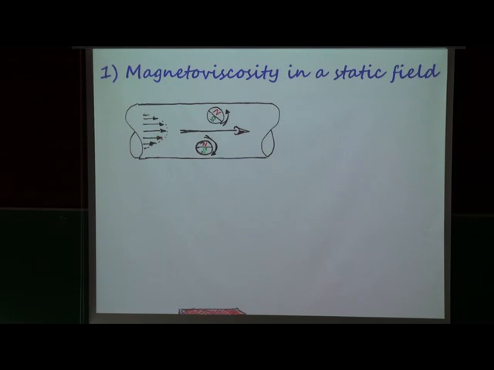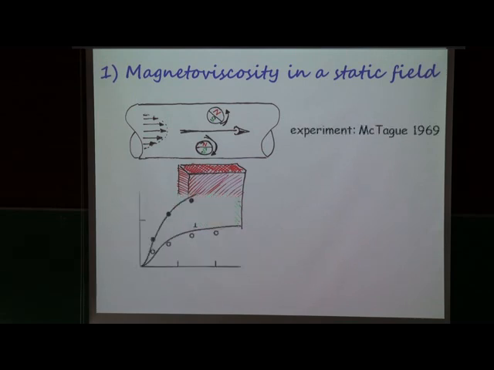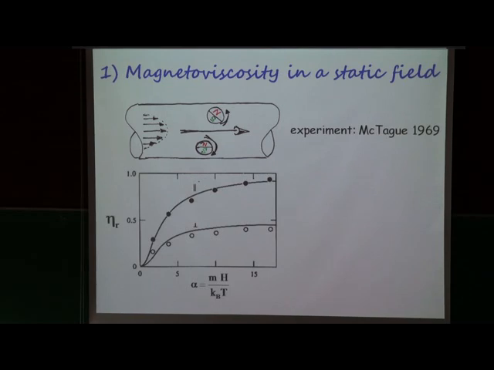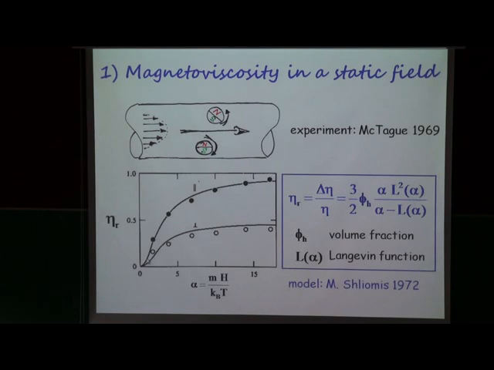Now we apply a constant and hopefully homogeneous magnetic induction or magnetic field, and what will be the outcome of that? This experiment was performed way back in time by Mr. McTague in 1969. You see here something called reduced viscosity, plotted across the Langevin parameter alpha. This you know already, it is the dipole moment times the outer magnetic field.